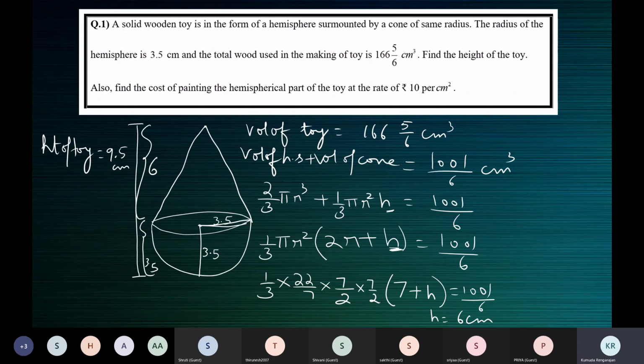Yeah, 770. Would be 770. Correct. Done, children?